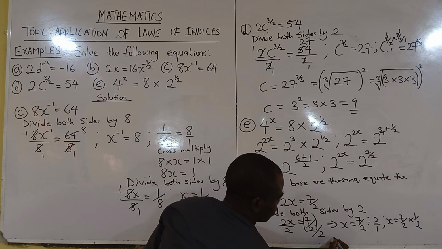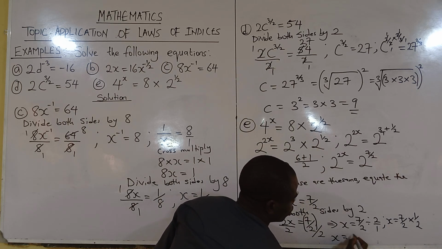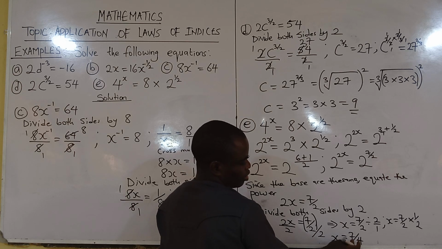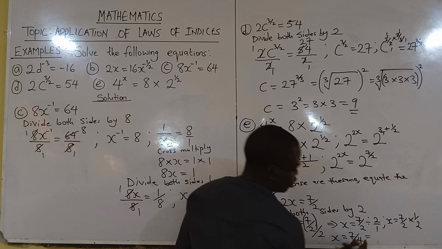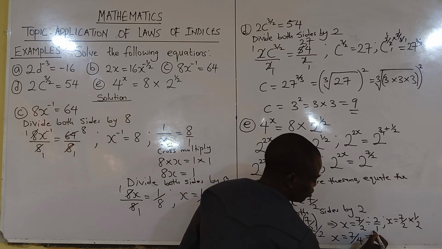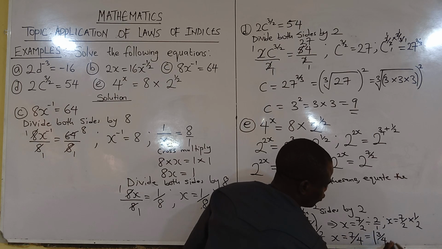We now have x equals 7 times 1, that's 7 over 2 times 2, which is 4. You don't leave it like this. Now say 4 goes in 7 because the numerator is greater than the denominator. 4 goes in 7 one time, one whole number, remainder 3 over 4.